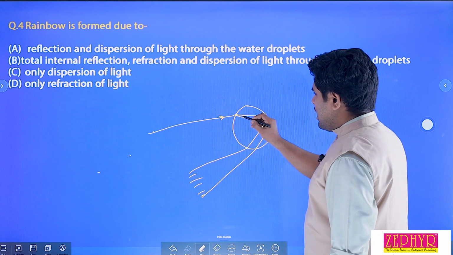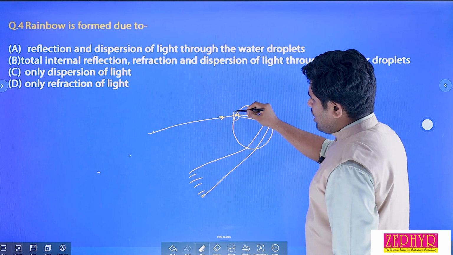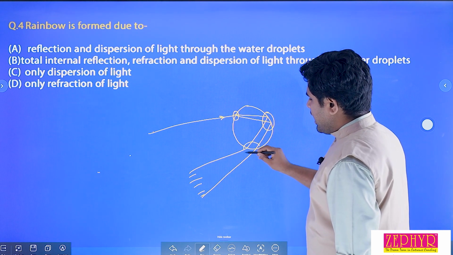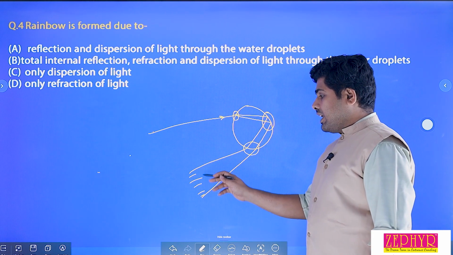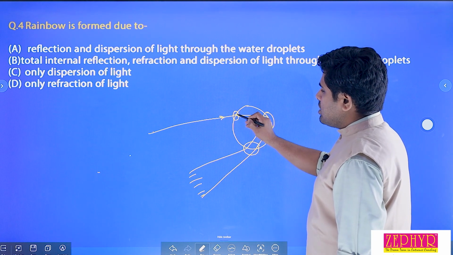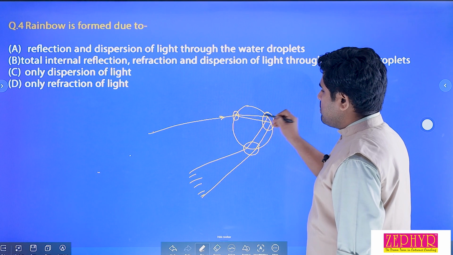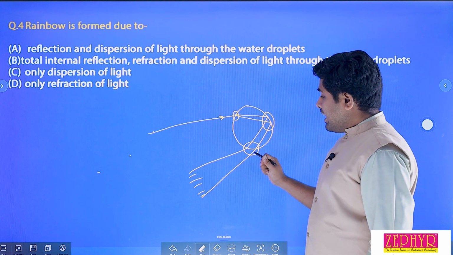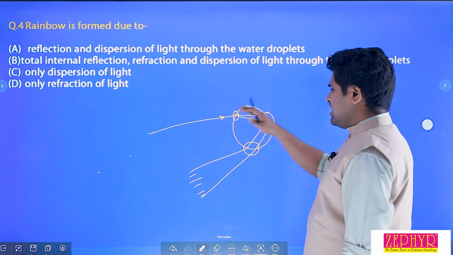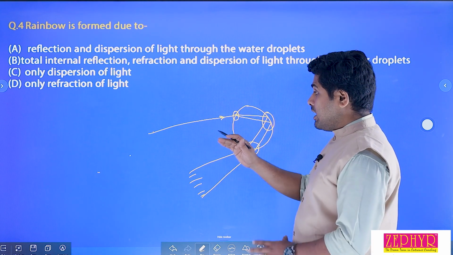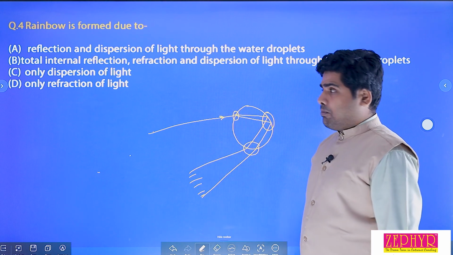See here, first a refraction, then a total internal reflection, again a refraction, and dispersion takes place here. This is the pattern behind the production of a rainbow.